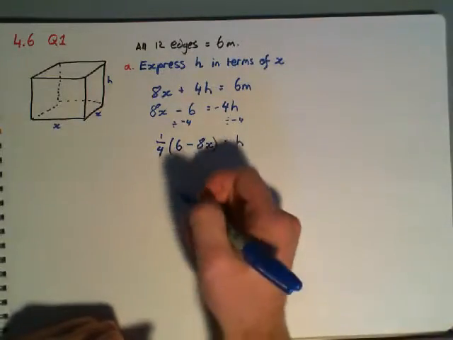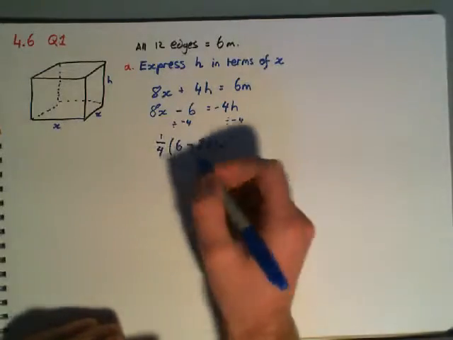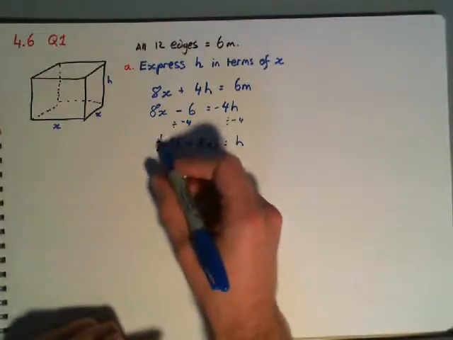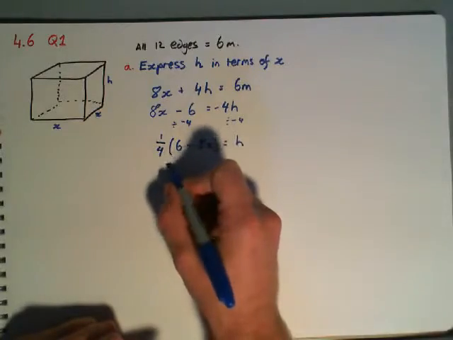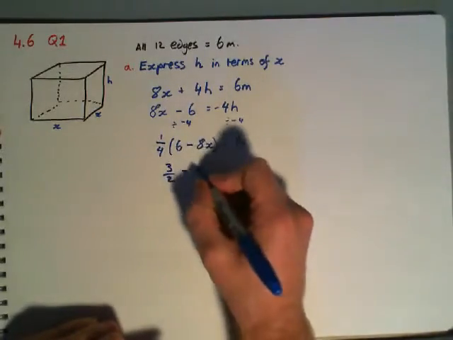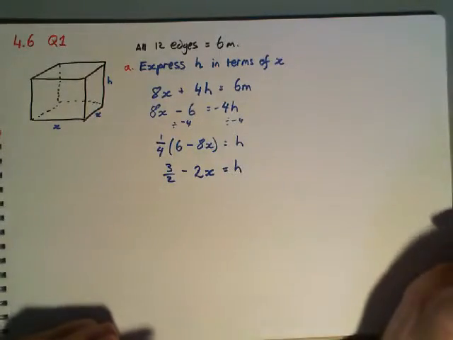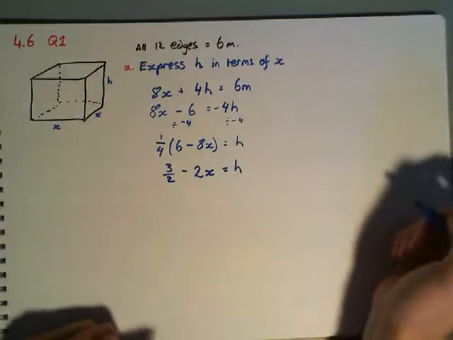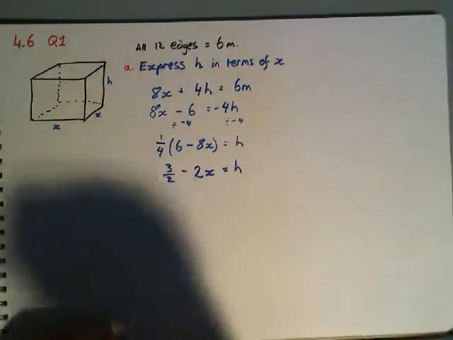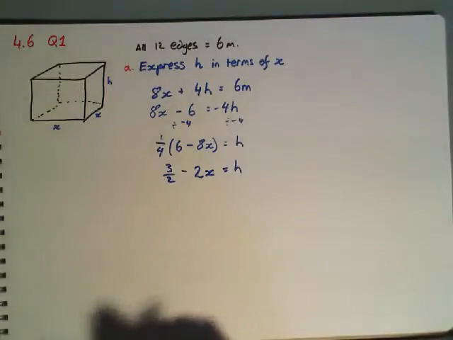Now I could simplify it a little bit more: expanding the brackets, we get 6 over 4, which is 3 halves, take 8 over 4, which is 2x, equals h. Okay, so that's part A. h equals 3 halves, take 2x.